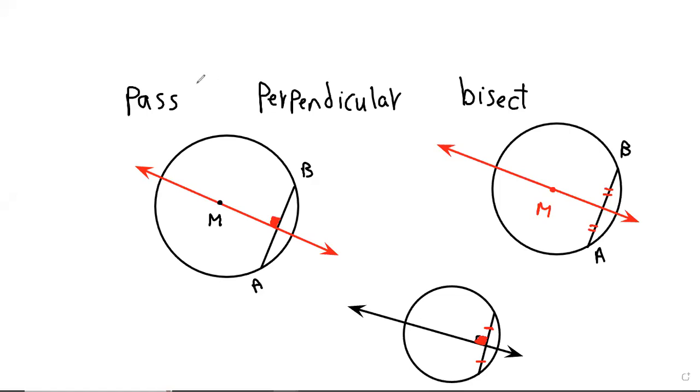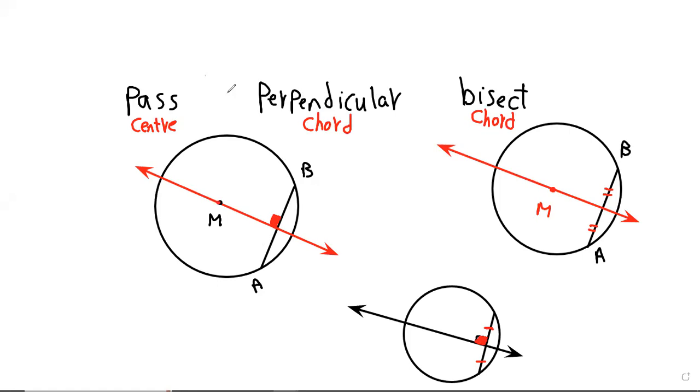Remember these words: pass, perpendicular, bisect. Pass through the center of the circle and perpendicular to any chord, and bisect the chord. The straight line passing through the center of the circle and perpendicular to any chord will bisect this chord.